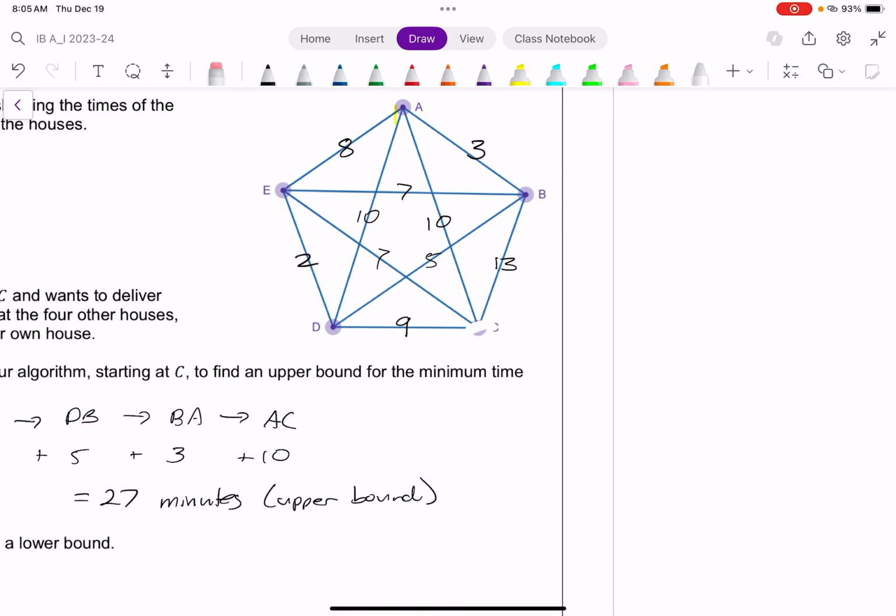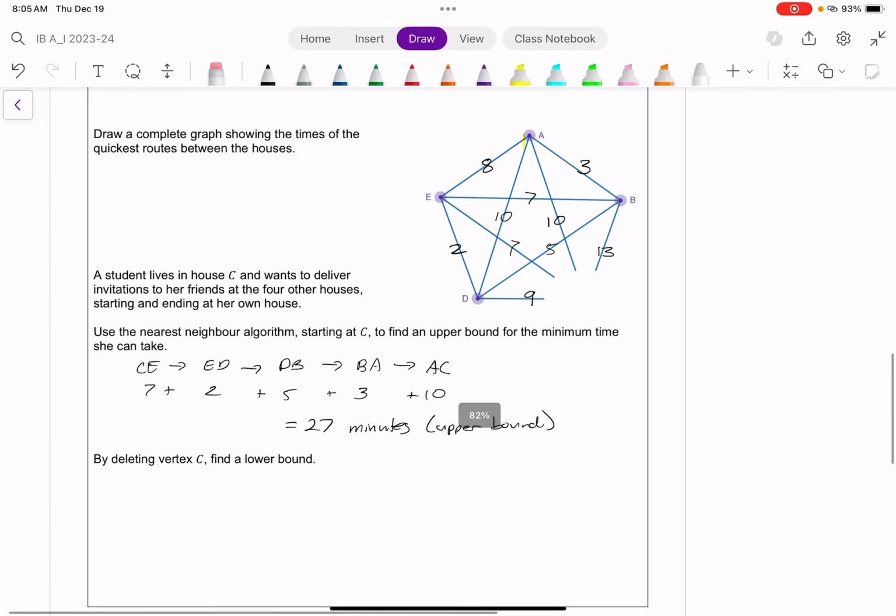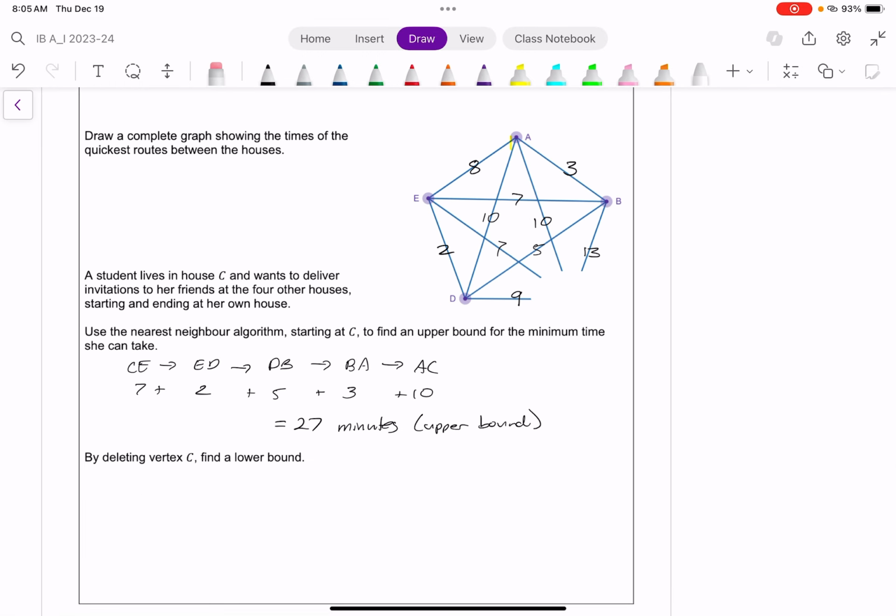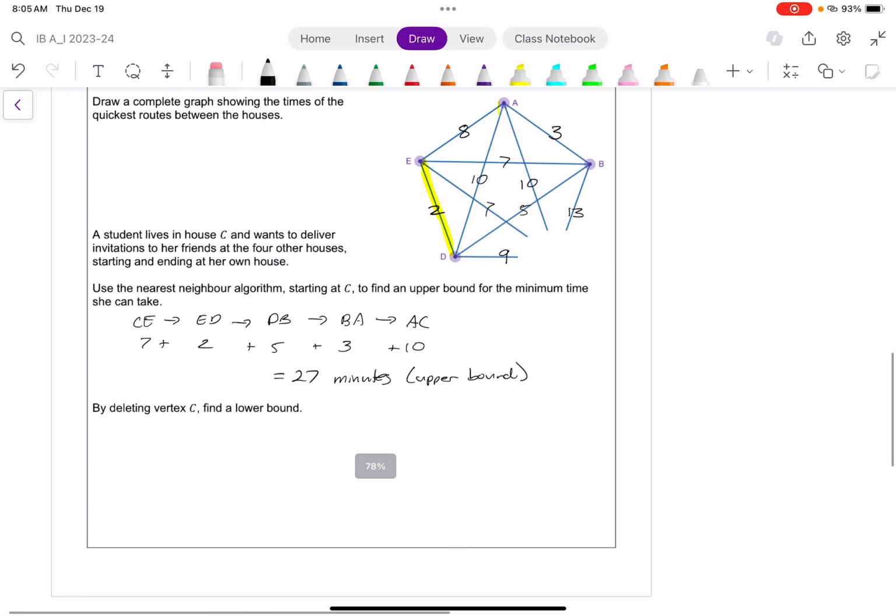So temporarily, I want to ignore vertex C, just pretend it's not there for a bit. And so then what I do is make a minimum spanning tree, find the lowest length, which is going to be this 2 here. So I start there. So DE.